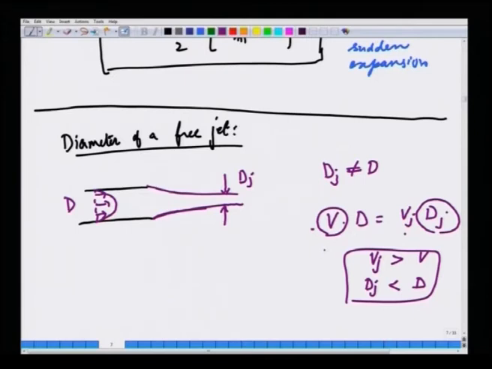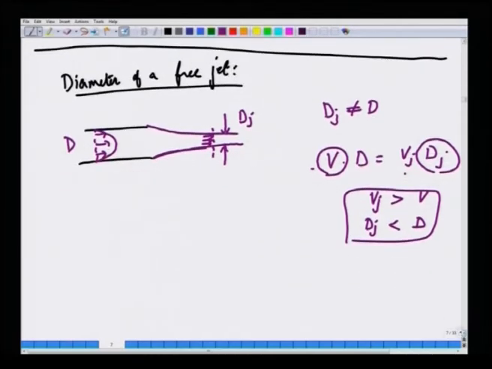So, d jet is in general smaller than d, and usually, as I have told you on several occasions before, whenever you have a free jet, the velocity is uniform across the cross section of the jet. Having said this, let us use the mass balance: pi d squared by 4 V 1 is equal to pi d j squared by 4 V 2.